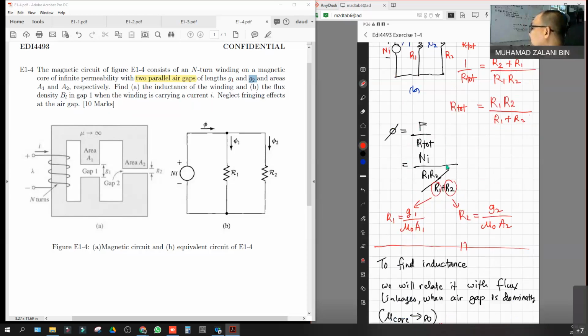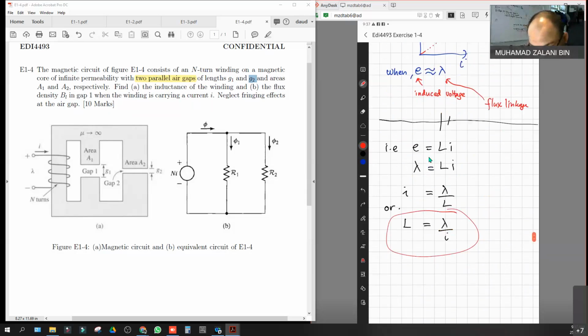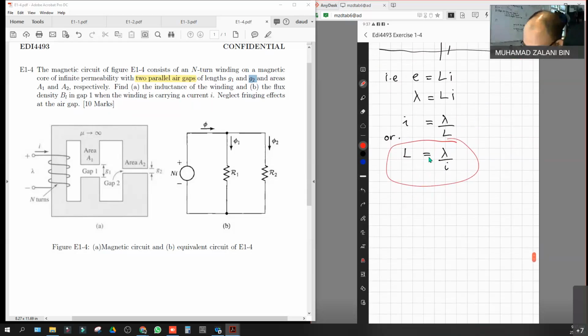We have the relationship of current; we relate it to inductance, right? Now, what we do is to rewrite back, which is L goes to lambda over I, goes to lambda equals N phi. Ini dah ada dah belum?